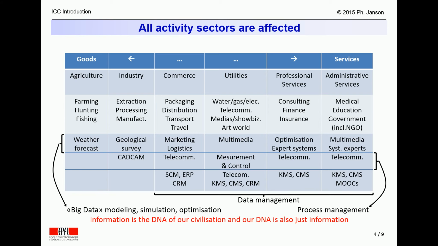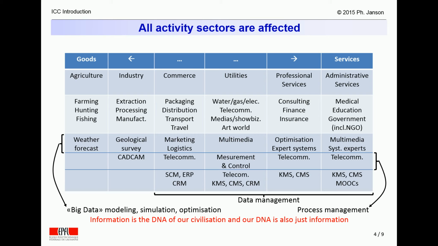As suggested on this slide, information, computing, and communication technologies have invaded and become essential to all trades, from the more material ones such as agriculture, industry, and commerce, to the less material ones such as utilities, professional, and administrative services.